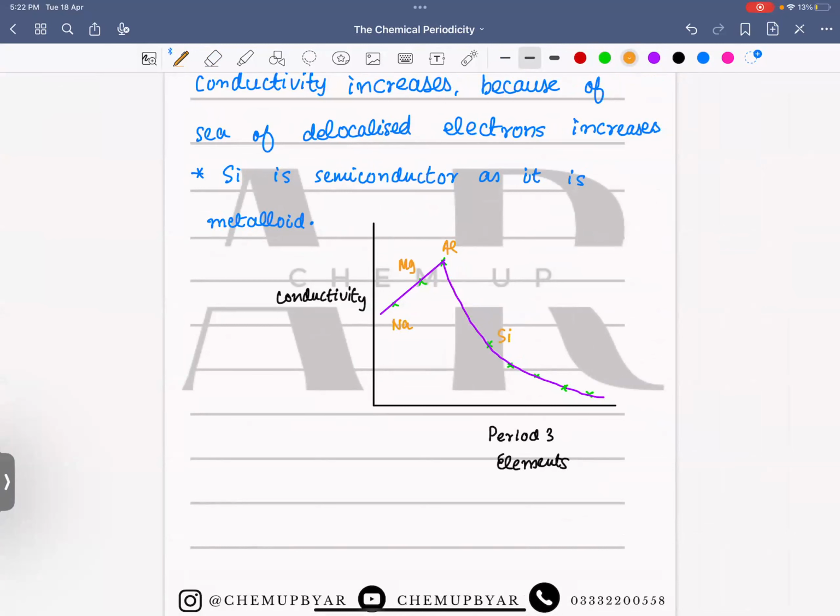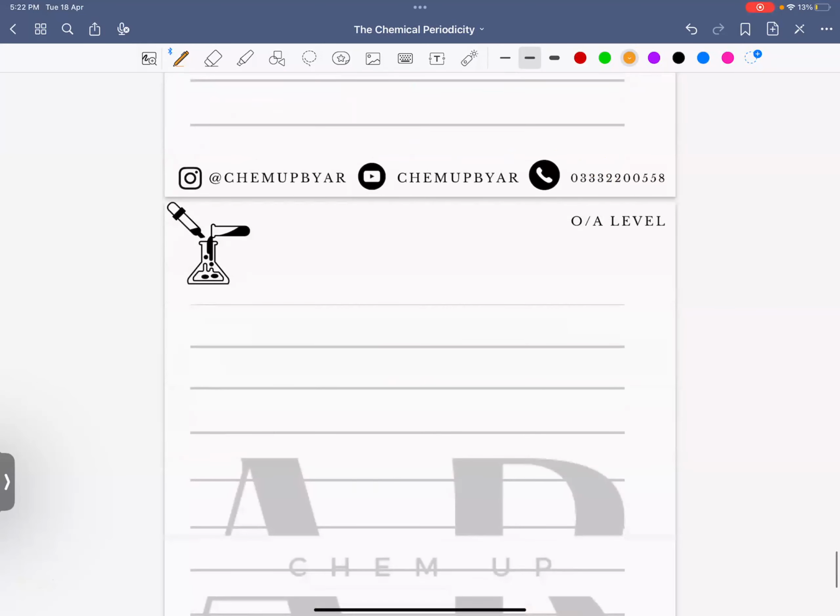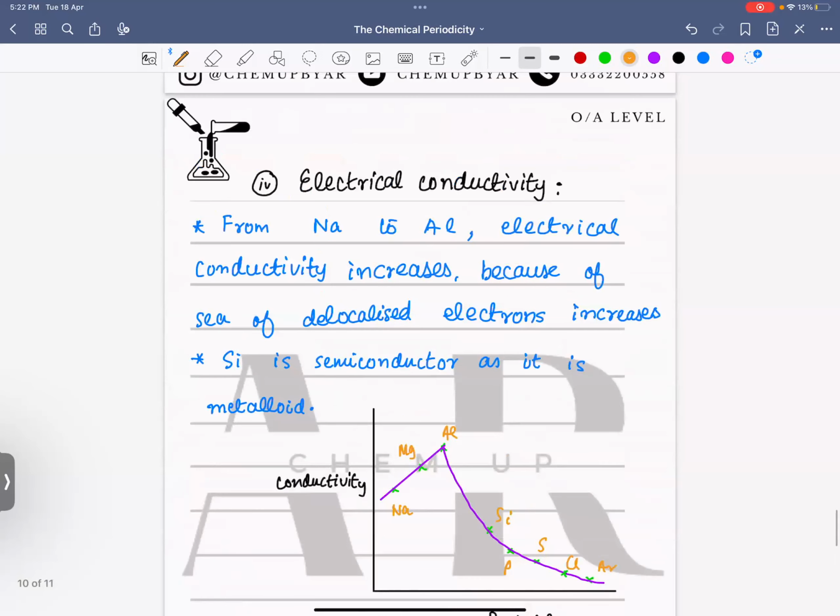Here I have silicon, phosphorus, sulfur, chlorine, and obviously if it's there, then it's argon. Okay, is this trend understandable to everyone? If anybody has any doubt, do ask, please. Yes.